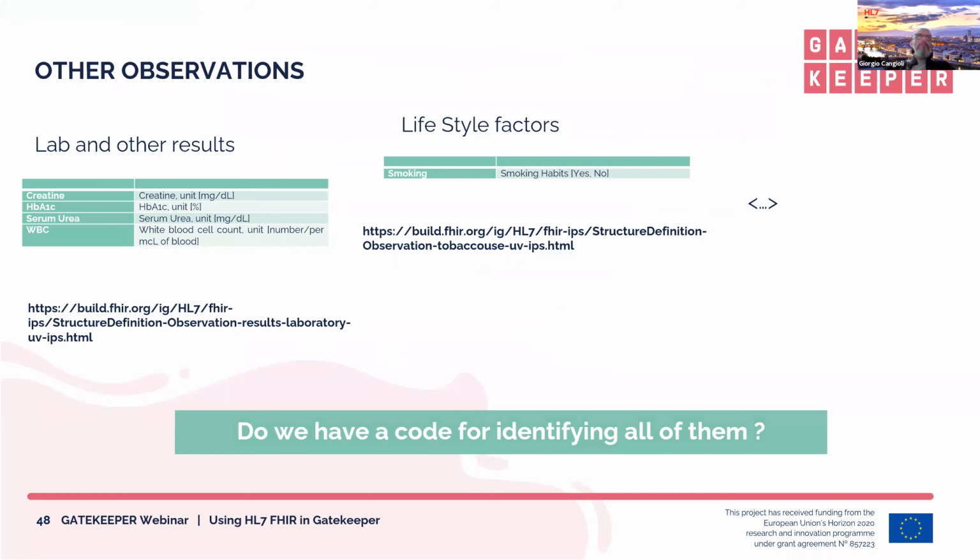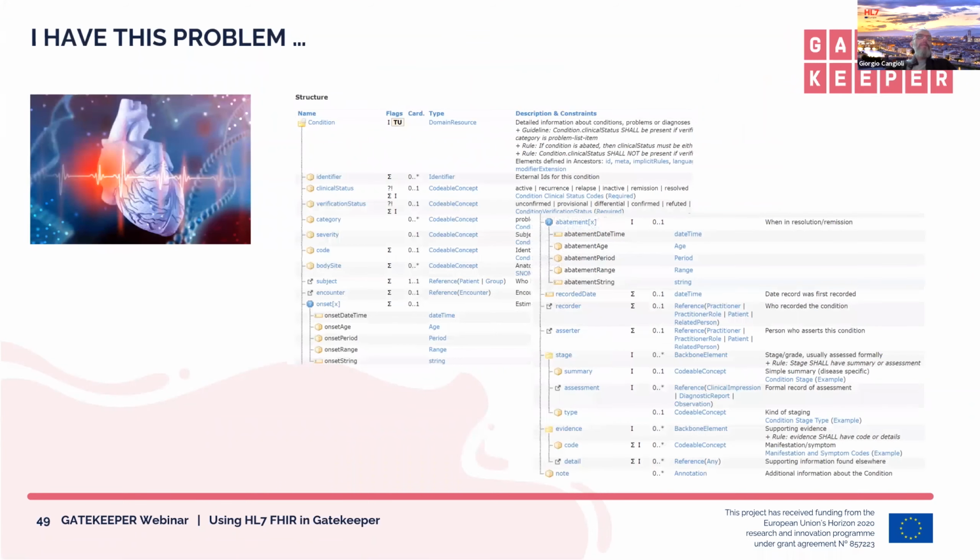obviously, not only measurements. One other important resource is the condition. The condition allows you to describe, for example, a problem, a situation, a condition of the patient. It allows you to define what is the clinical status, if it is unconfirmed, refuted, or confirmed, differential.